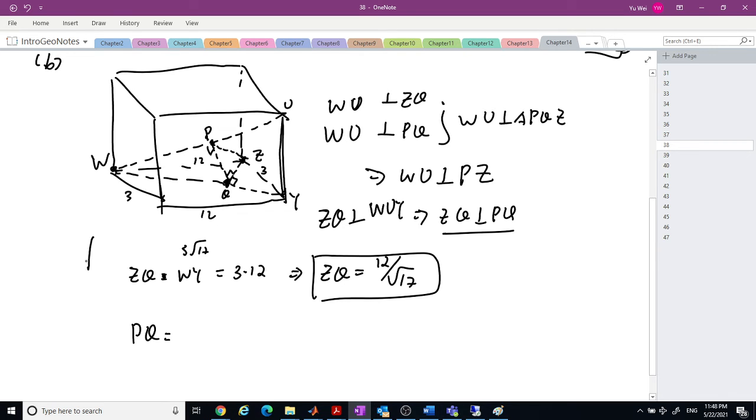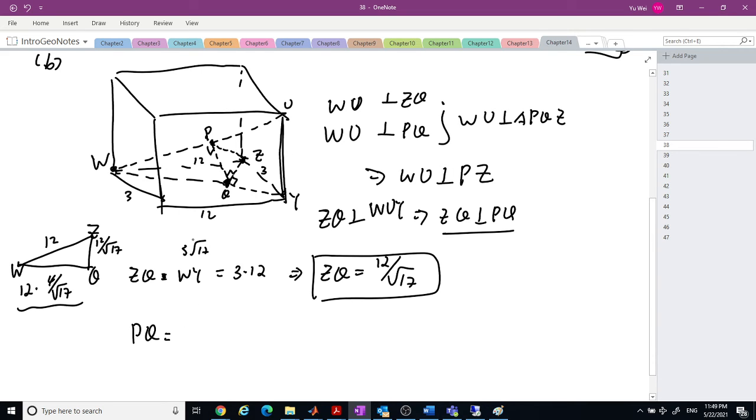So we know ZQ is 12 over root 17, right? So now we can calculate WQ, right? So it's 12 times 4 over root 17, right? So now we solved WQ.